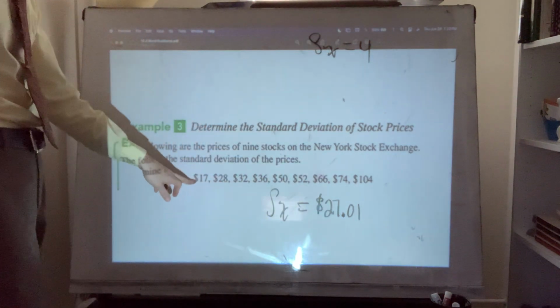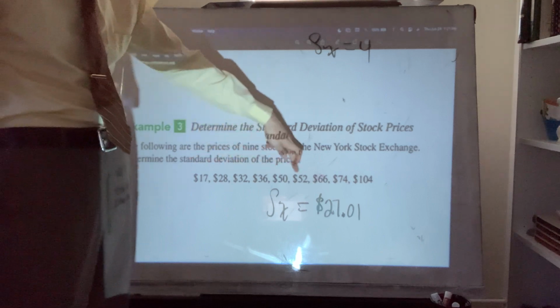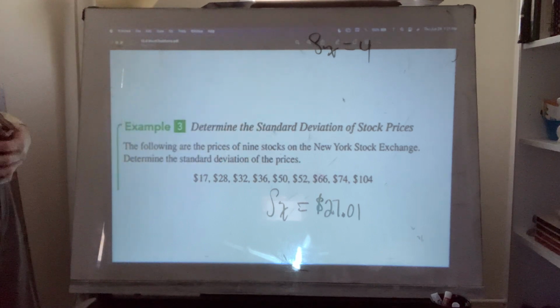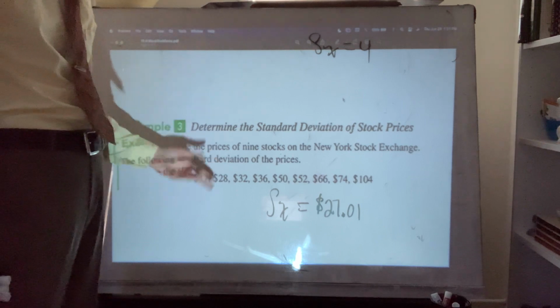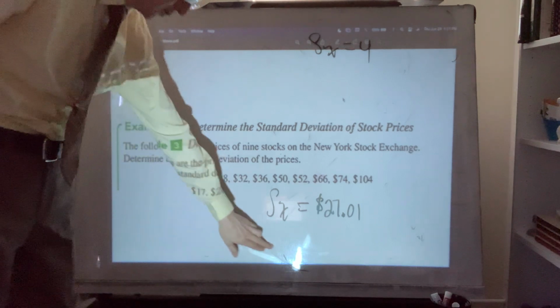Same process. Clear out your calculator and input these instead. The following are the prices of 9 stocks on the New York Stock Exchange. Determine the standard deviation of the prices. Assume that they want a sample unless they specify otherwise.